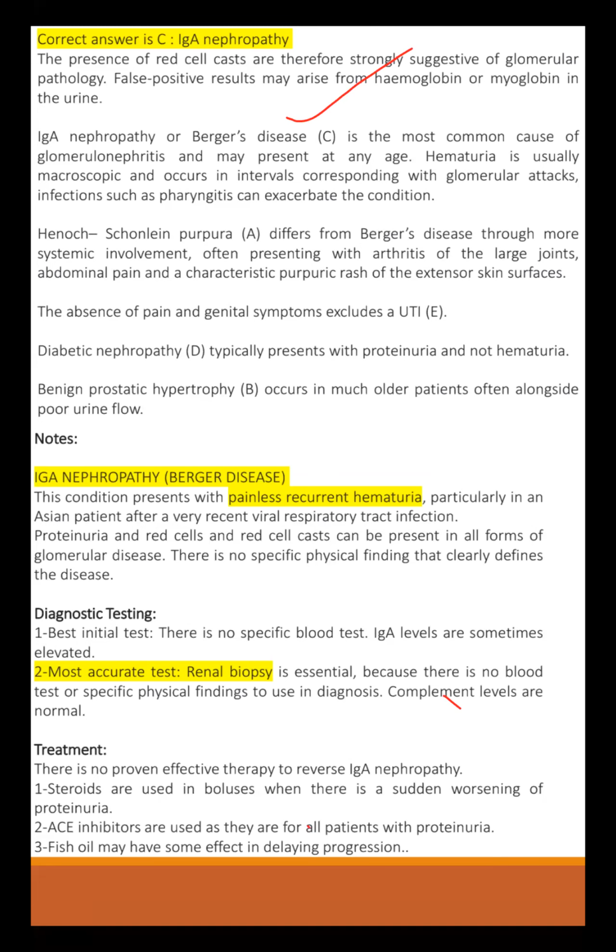Infection like pharyngitis exacerbates the condition. So in IgA nephropathy, I have to remember the interval attacks. Henoch-Schönlein purpura is another kind of glomerulonephritis. It's a vasculitis: arthritis will be there, abdominal pain will be there, and a rash over extensive surface of the skin.